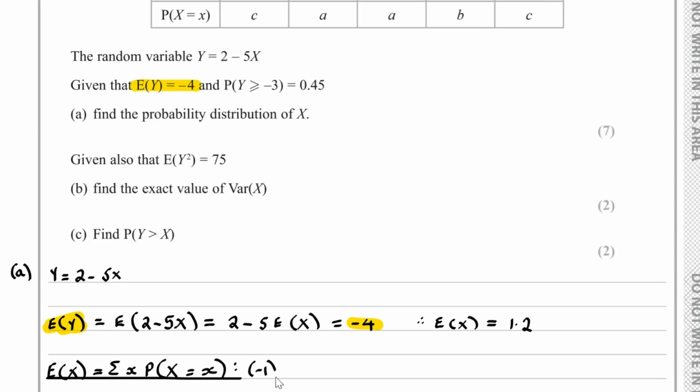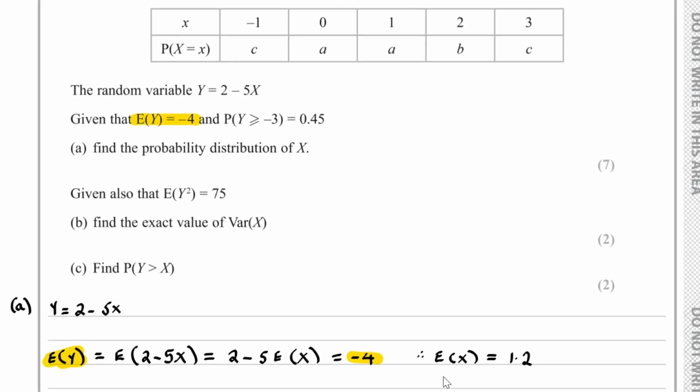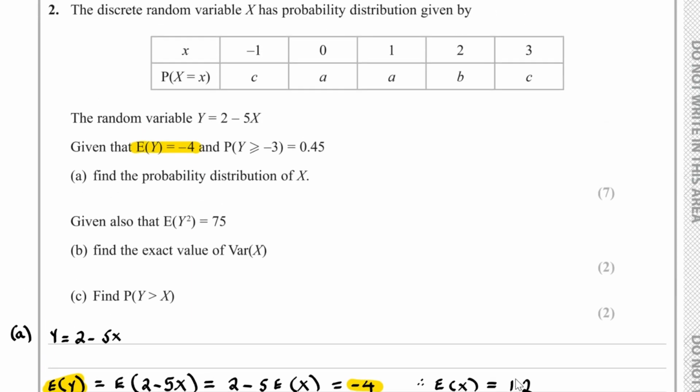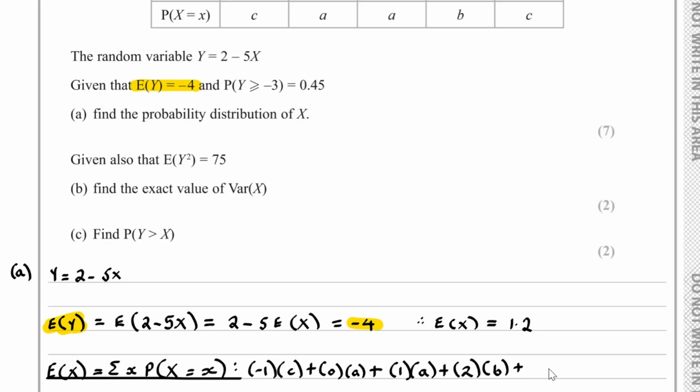and then we have 0 times a, and then we have 1 times a, and then we have 2 times b, and then we have 3 times c. And we know that all this is equal to 1.2.